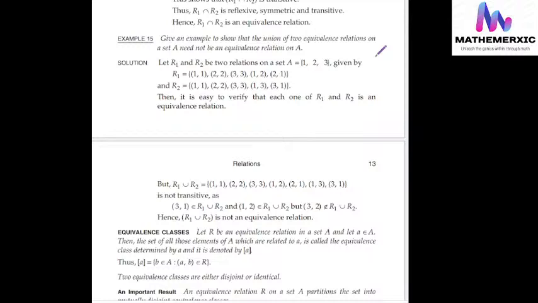Then it is easy to verify that each one of R1, R2 is an equivalence relation. R1 union R2 is not transitive, as (3,1) belongs to R1 union R2 and (1,2) belongs to R1 union R2, but (3,2) does not. Hence R1 union R2 is not an equivalence relation.